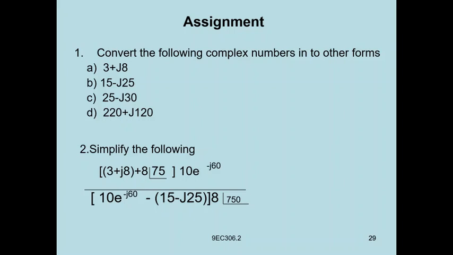So that is the reason we have to convert one form to the other form. That is very important. A rectangular form may be converted into a polar form, or a polar form into a rectangular form. So for addition and subtraction, the polar must be converted into a rectangular form, and for multiplication and division, a rectangular must be converted into the polar form. Thank you.